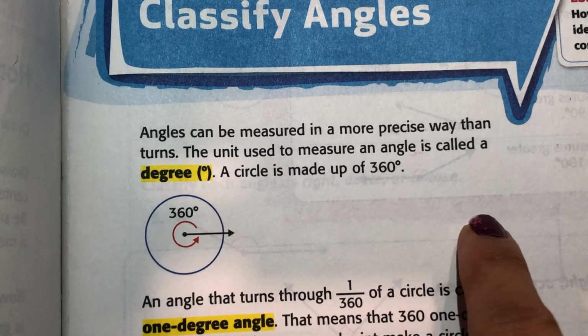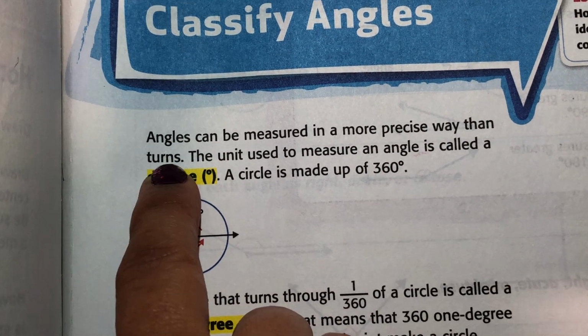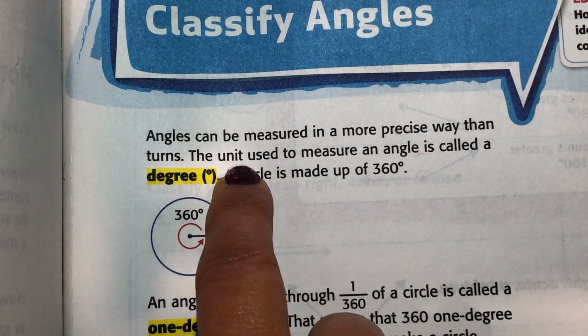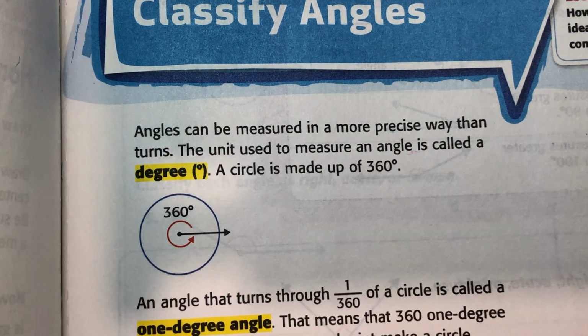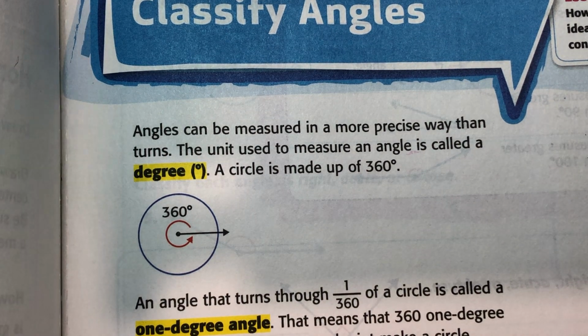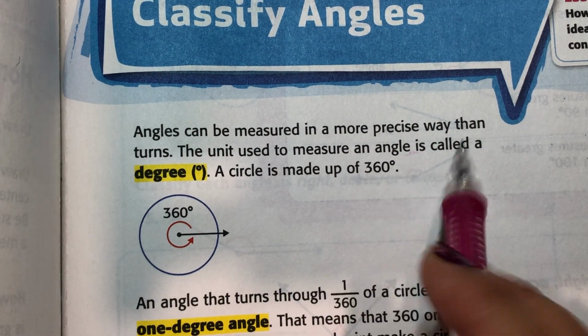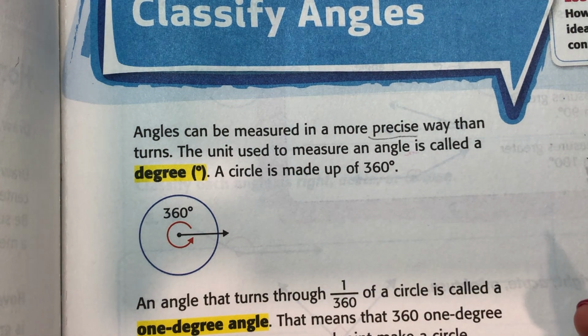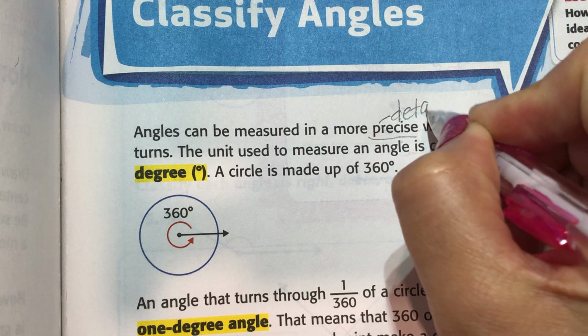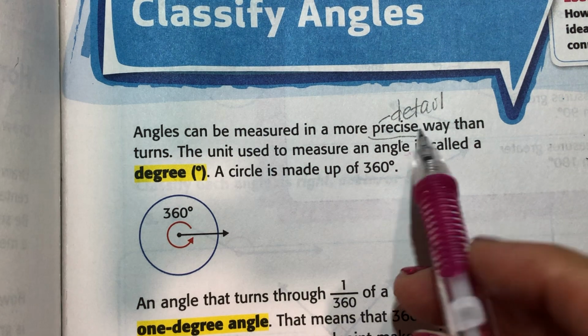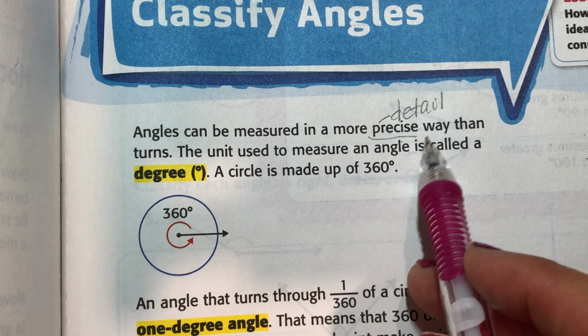So the last lesson we were talking about 1/4 of a turn, half a turn, a full turn. Now we're saying there's a more precise, a more definite, a more detailed way. So this word means like a detail. Write that down, okay? So you don't forget that precise means more detailed, more specific.